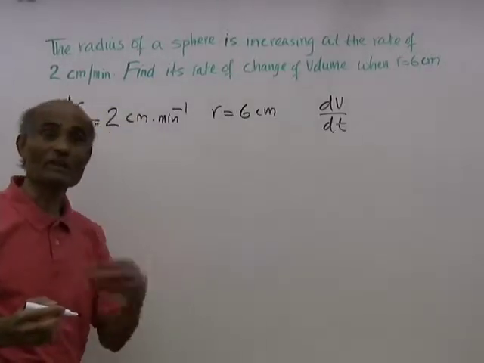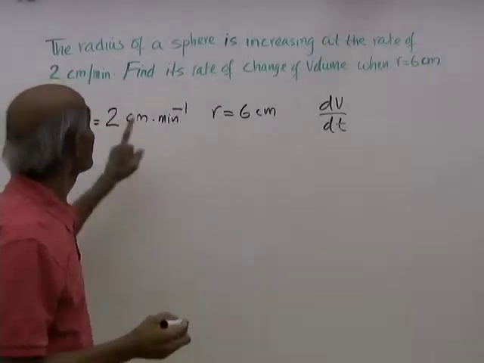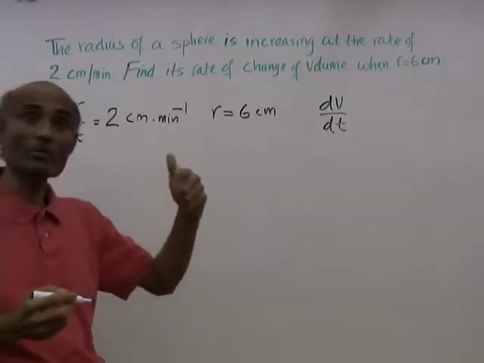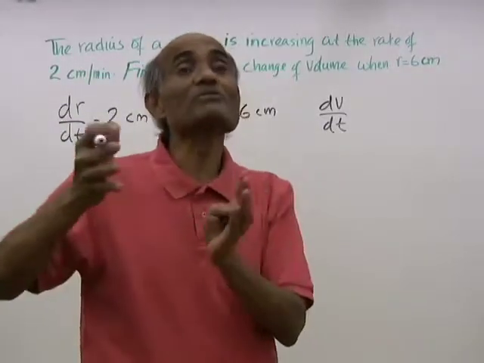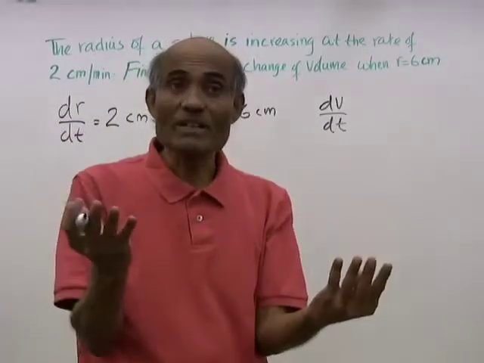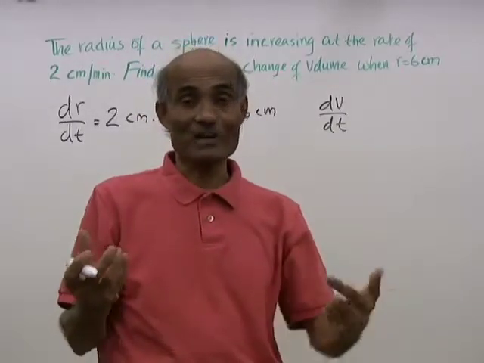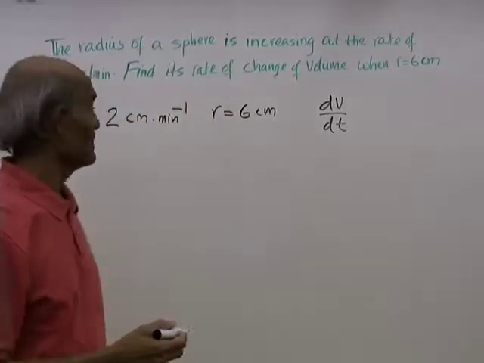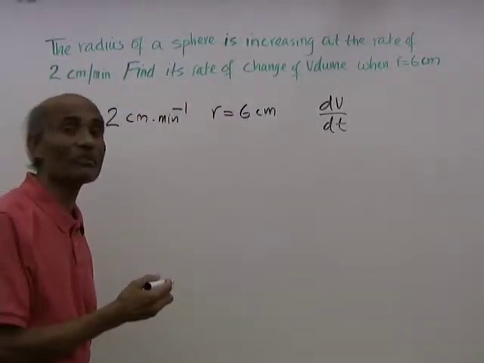How do you proceed? What's the method? Well, the method is, because we want to find the rate of change of volume, and the volume is related to radius, we need to write down the equation for the volume of the sphere. And we started with that in the beginning of the lesson. What is the equation for volume of a sphere?